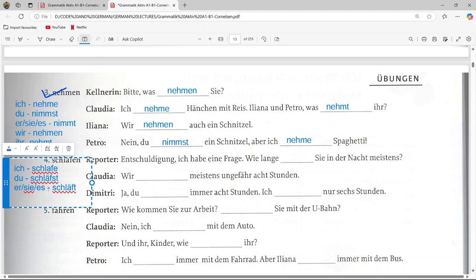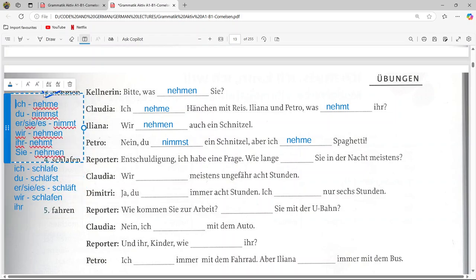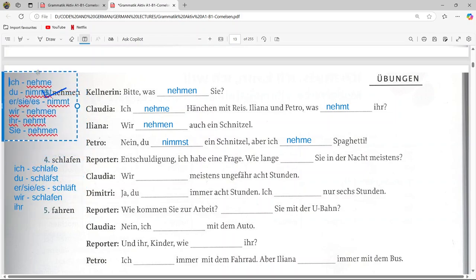Okay. Next wir. So wir it is the normal form schlafen. For ihr, I will just move it a little up. This one I will move a little up.